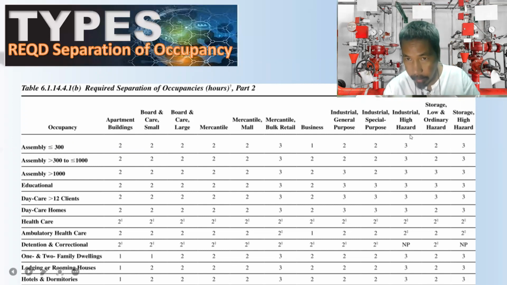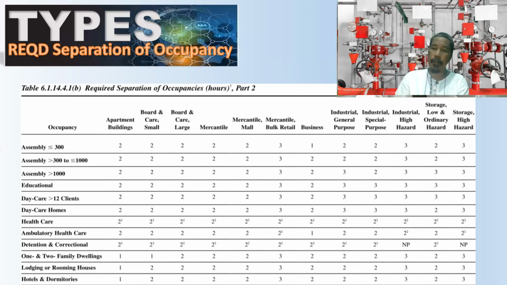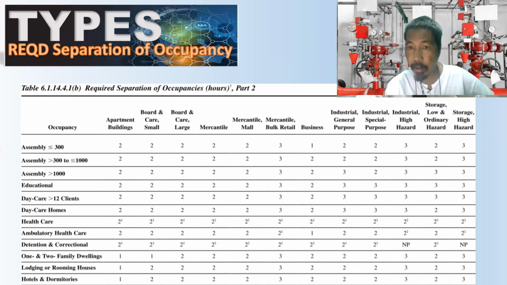So let us look at that, high hazard or special purpose laboratory of hospital. So healthcare, that is both, all of them actually. General purpose, special purpose, and high hazard, 2 hours. So healthcare versus next to the industrial, 2 hours.